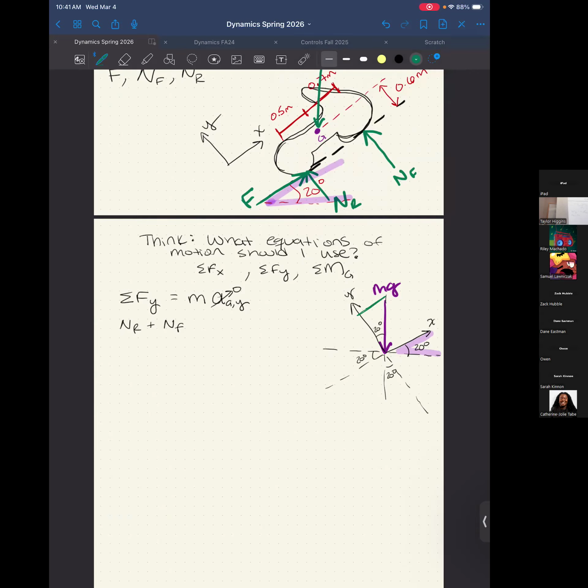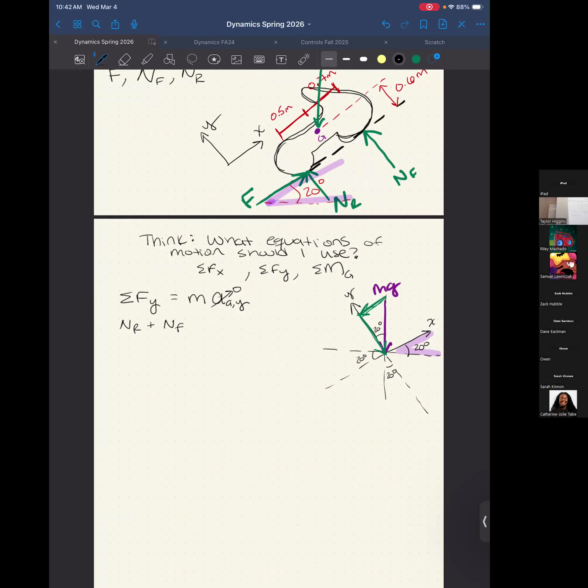for my trig. So my right triangle needs to have legs that are parallel with the coordinate system I want to move to, so the tilted x and y. And it looks to me like this side goes down and this side goes down. Okay, so what part of this mg goes in the y direction?